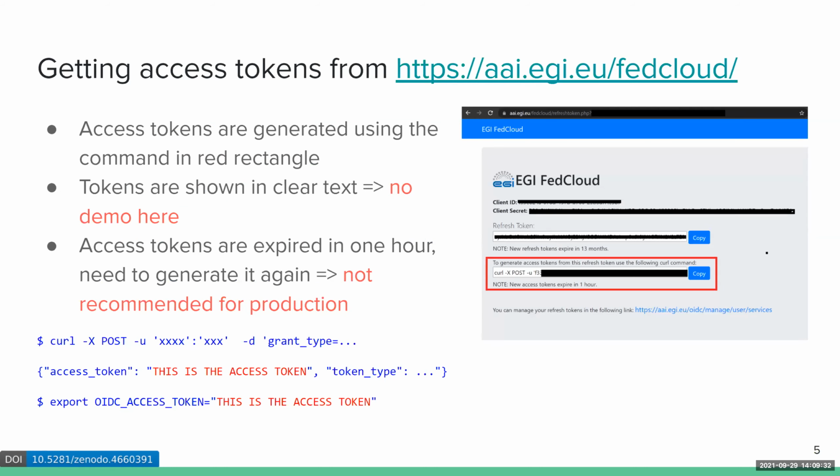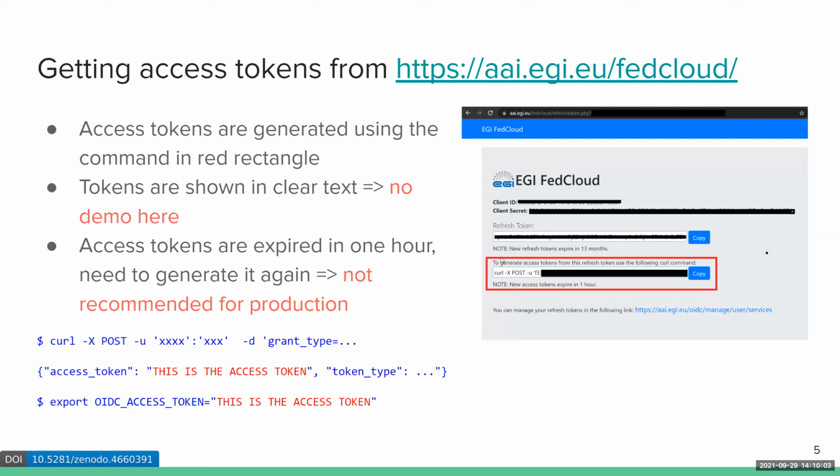Some more words about how to get the access token, because I received many questions relating to the access token, mainly from new users. If you want to get an access token from EGI.eu, you can go to the website and just take this line, this third one in the rectangle, this command, not the refresh token.